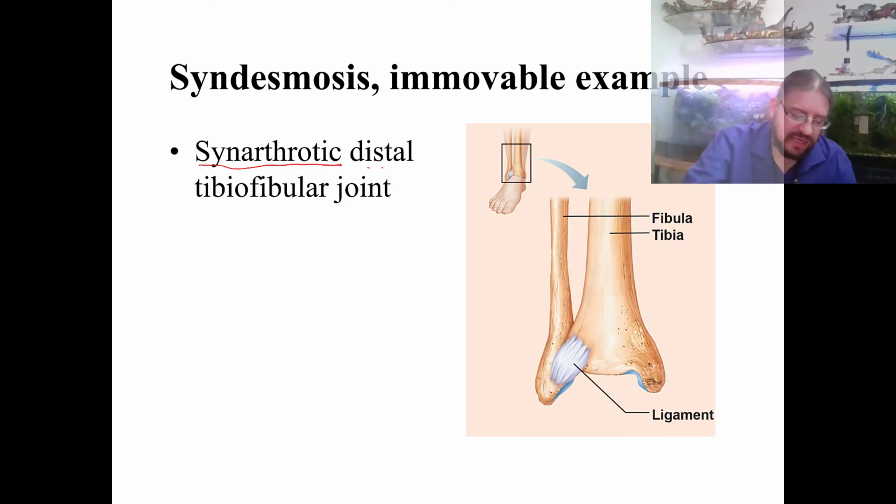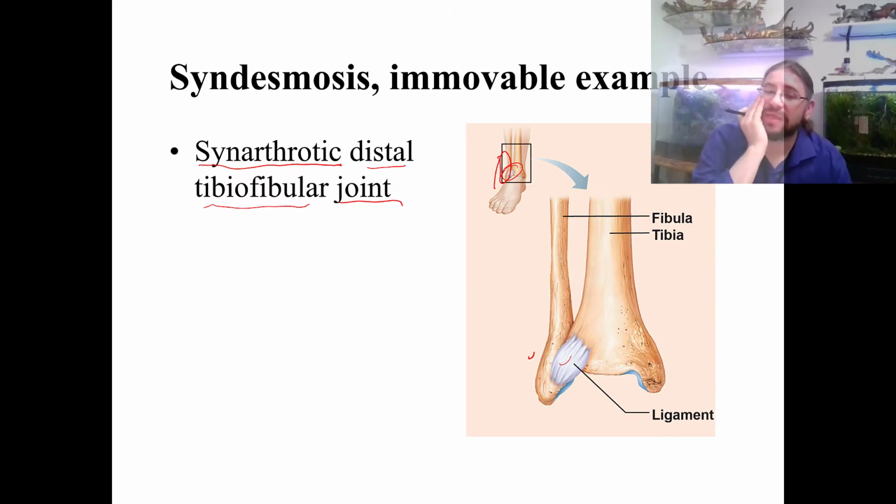So here's the synarthrotic distal tibiofibular joint. So in the front, on the lateral side there. So lateral front. So if you wanted to A and P this up, you'd call it the synarthrotic distal anterolateral tibiofibular joint. Woo! That is some good language right there.